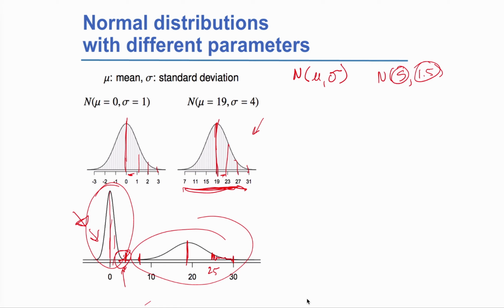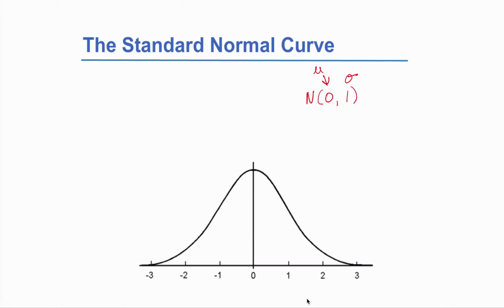So rather than having to calculate separate tables for every distribution with a different mean and standard deviation, we normalize the distribution. So regardless of what our mean and our standard deviation are, we can make some adjustments to treat it like it's a standard normal distribution, and then we only have to have one distribution table.